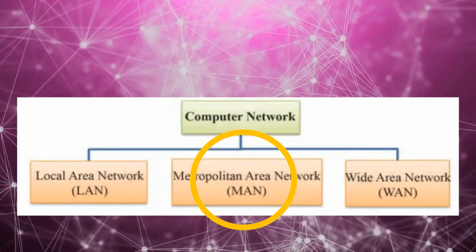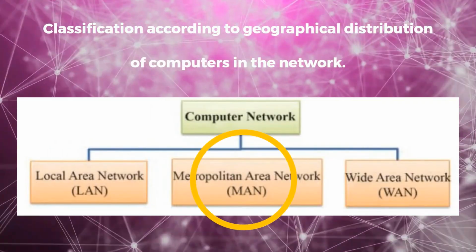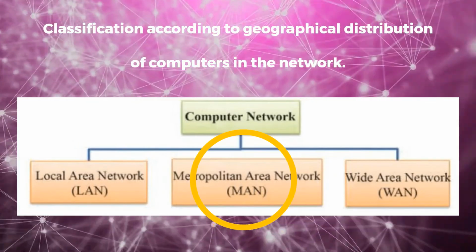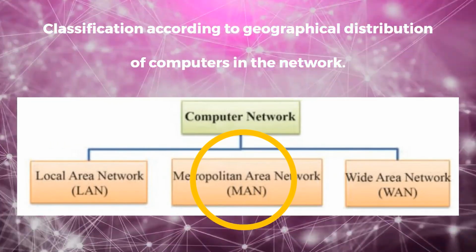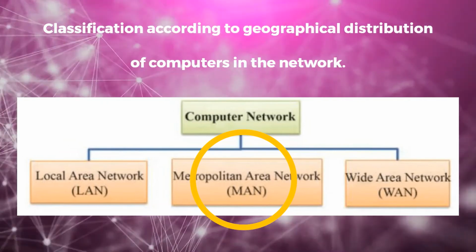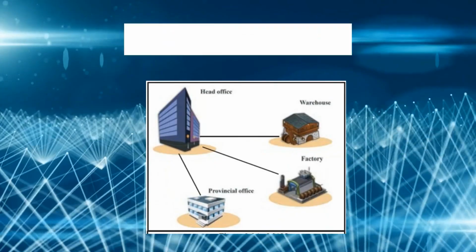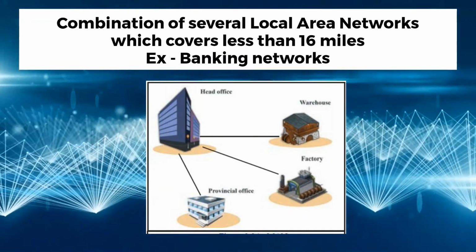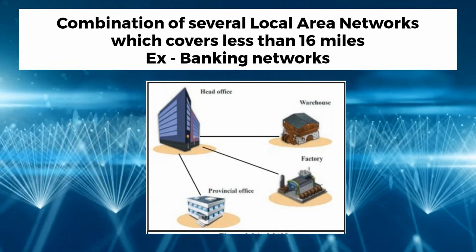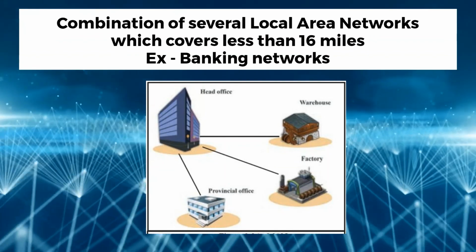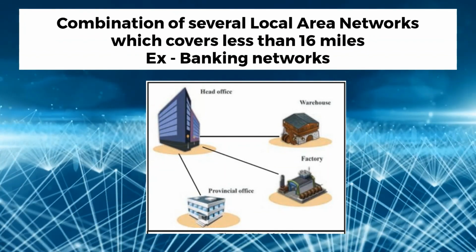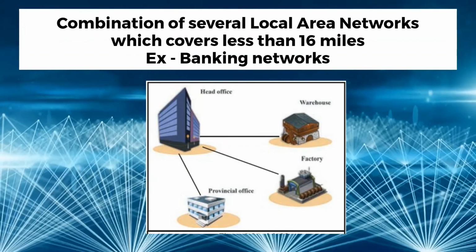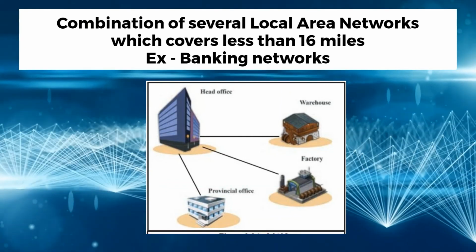The second classification is the metropolitan area network, or you can call it MAN. It is a combination of several local area networks which covers less than 16 miles. For example, banking networks.